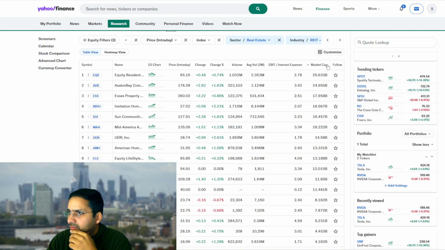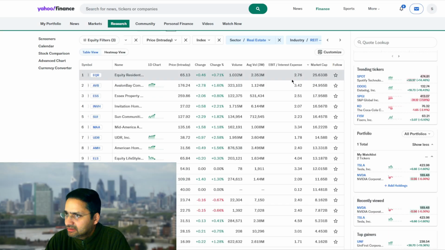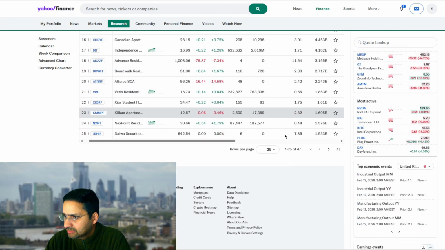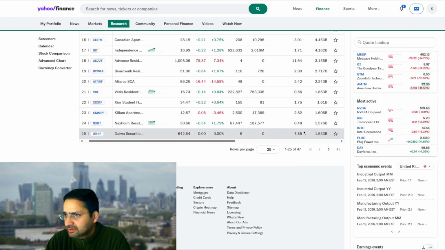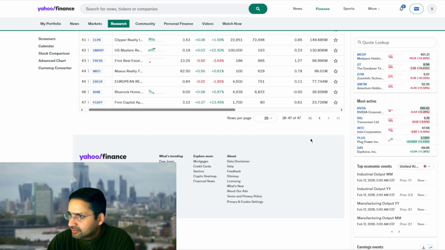And if we sort companies by market cap, we can see the biggest market cap in the real estate sector has this ratio at 2.76, which is fine. But as we go down, we can see there are companies which have a low ratio, and this can be considered risky.